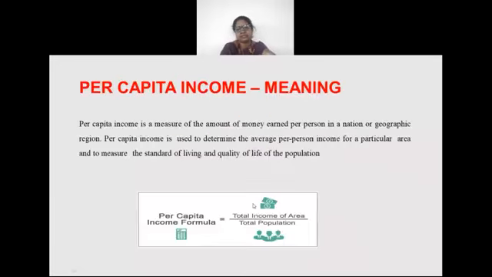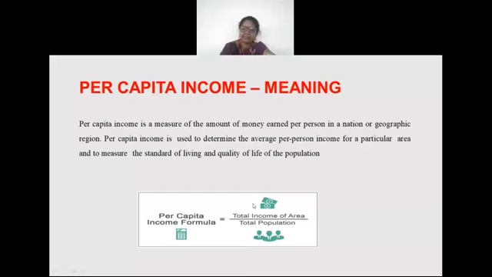We are going to see the various contents: per capita income, GDP and per capita income, how to calculate the per capita income, and what the income effect is. If the person is earning more, what is the effect? If the person is earning less, what may be the effect? These are the major things we are going to look into in this unit.